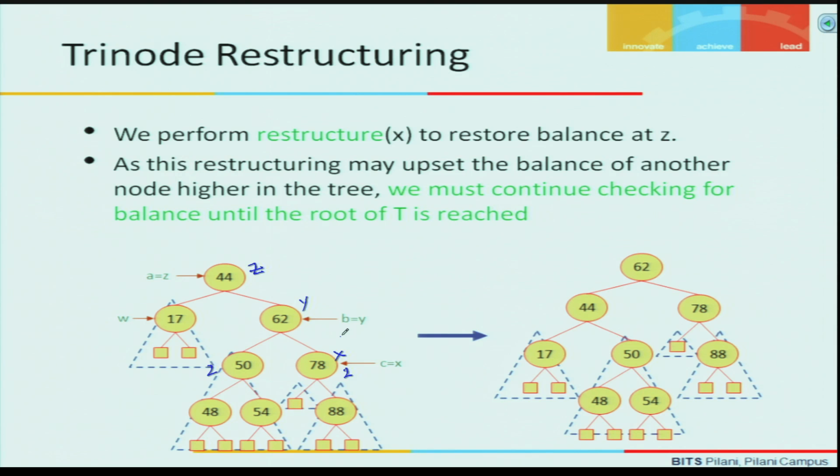So, once we have marked x, y, z, like in insertion, we relabel them as A, B, C, as they would have occurred in the in-order traversal. Right? A should come before B and B should come before C. Once we do that, we do this mapping.